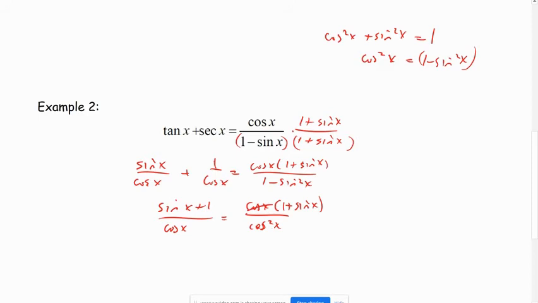And now this cosine cancels with one of those, so we're just left with 1 plus sine x over cosine x, which is equal to sine x plus 1 over cosine x, showing that they are the same.